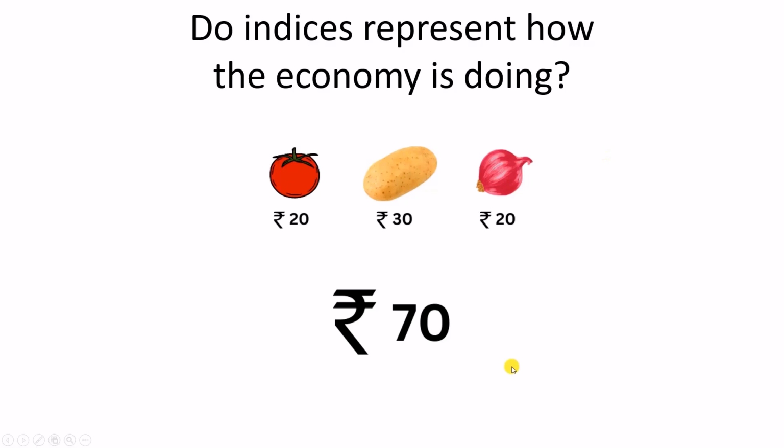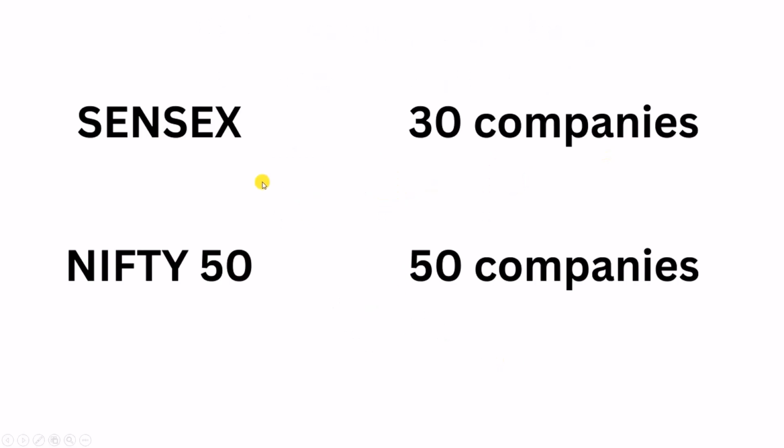Okay? In the same way, the Sensex tracks the price of 30 companies from BSE, and Nifty 50 tracks the price of, or gives the value of, 50 companies of NSE. And you know that BSE has more than 5,000 companies listed under it, and NSE has more than 1,500 companies listed under it.